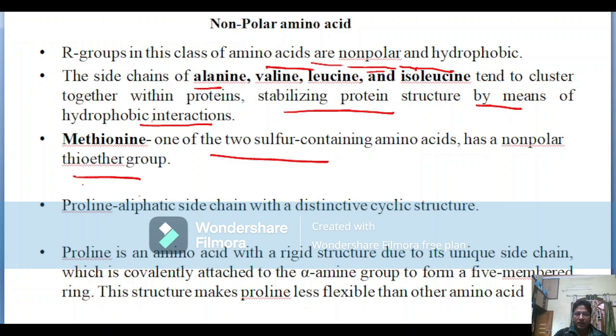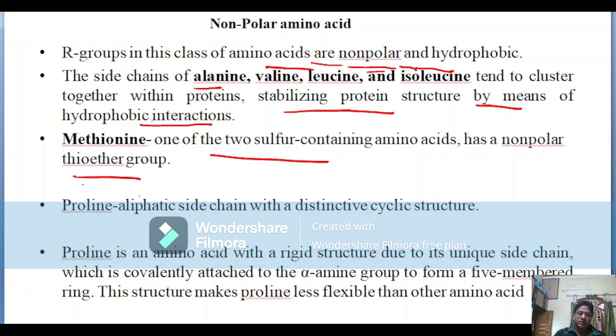Next comes proline. Proline also contains an aliphatic side chain, but it has a distinct cyclic structure. It is a specific amino acid, also called an imino acid, because here the amino group forms a covalent bond with the R chain. Due to this unique side chain, the alpha amino group is attached to the side chain and forms a 5-member ring structure.